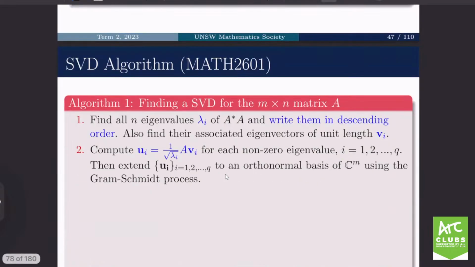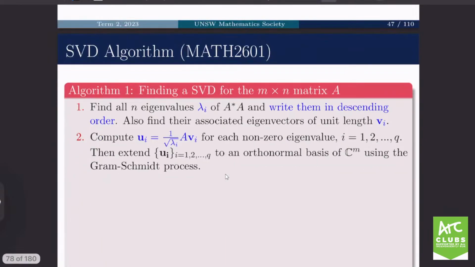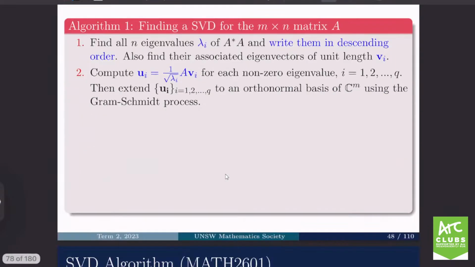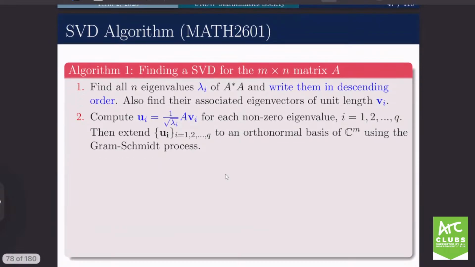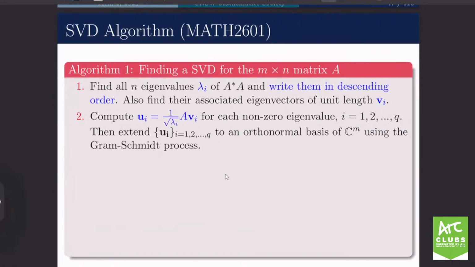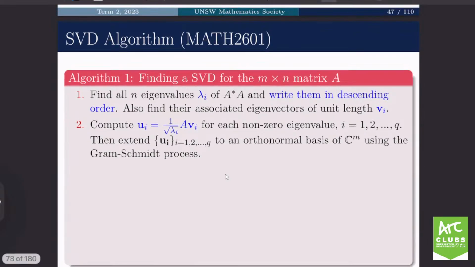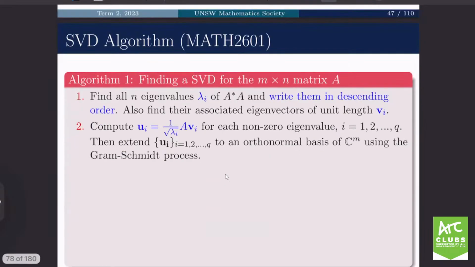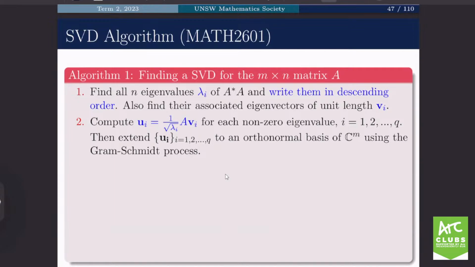All right, so let's look at the algorithm now, which will make this a bit more clear. The first method is to find all n eigenvalues of A star A and write them in descending order. Also find the corresponding eigenvectors, putting them in unit length. Then compute ui equals 1 on square root sigma i times A vi for each non-zero eigenvalue.